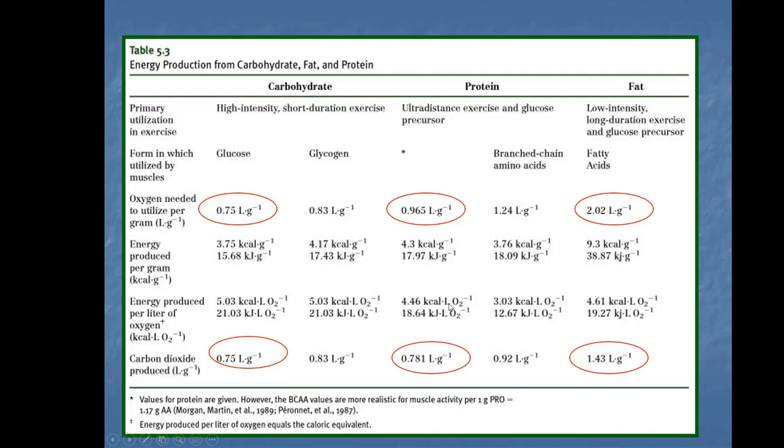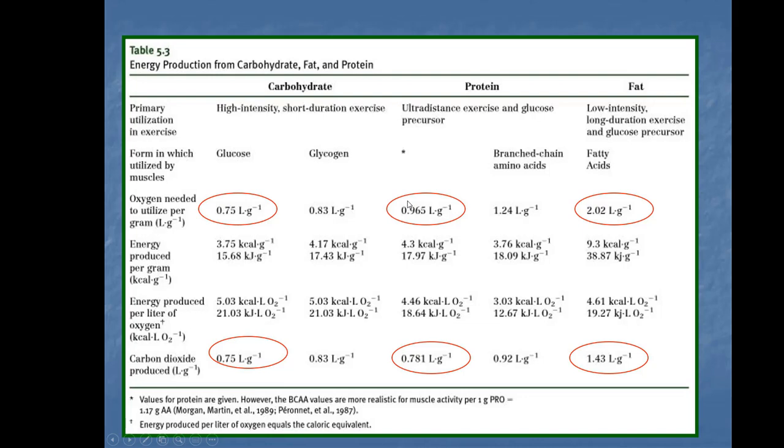Protein, you can see it's also going to be less than 1. So generally people say it's about 0.82, somewhere in there. Now, key point here, I'm going to bring this up again. We know from our previous discussions that protein's not ever really a major source of energy transfer.